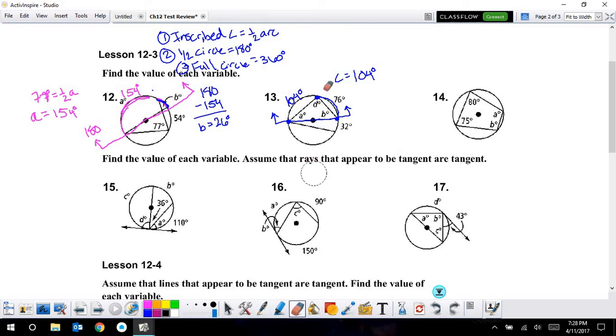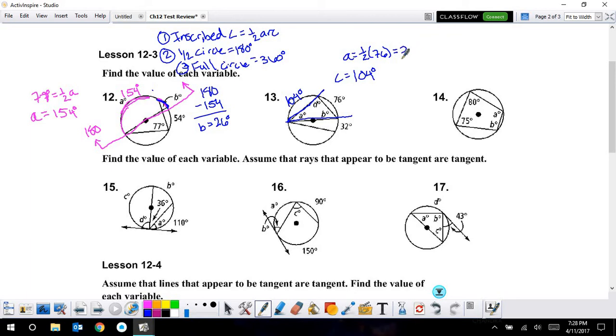Alright, so now is where the complication starts to occur, especially with this one. So if you look at A, it is an inscribed angle. We talked about that earlier. But now, if you look at A, it opens up to that arc of 76. So the inscribed angle is going to be half the arc it opens up towards.